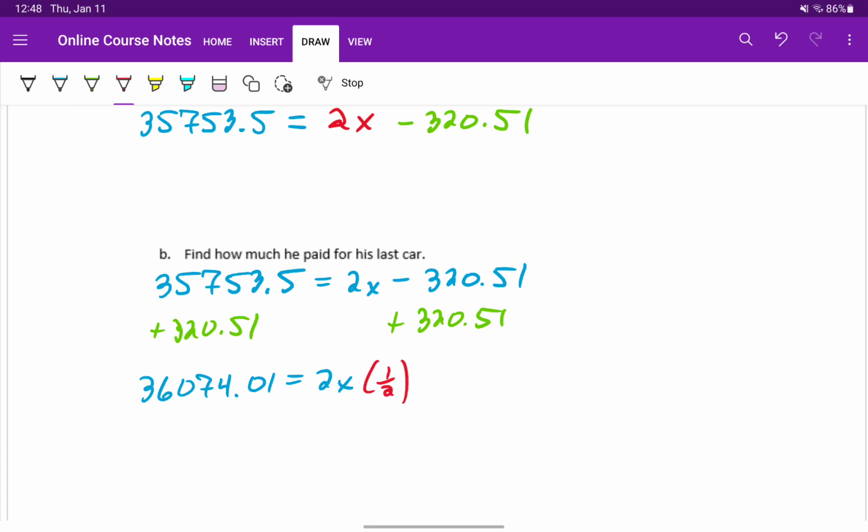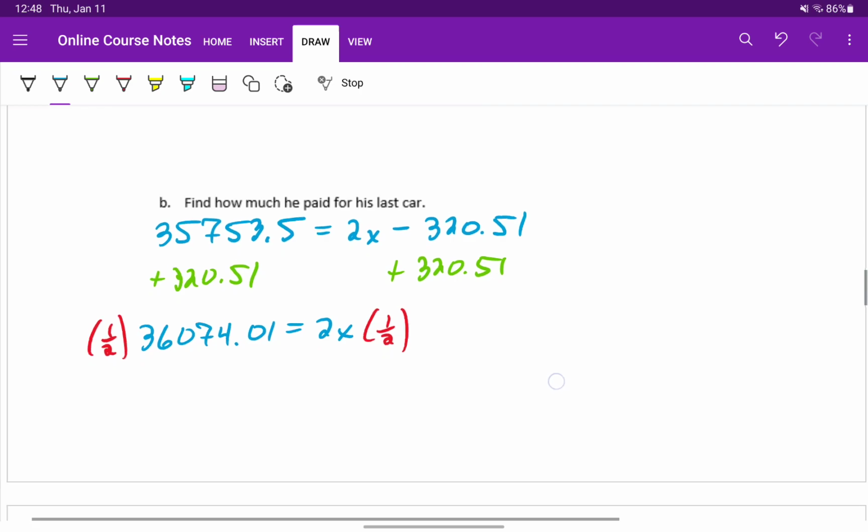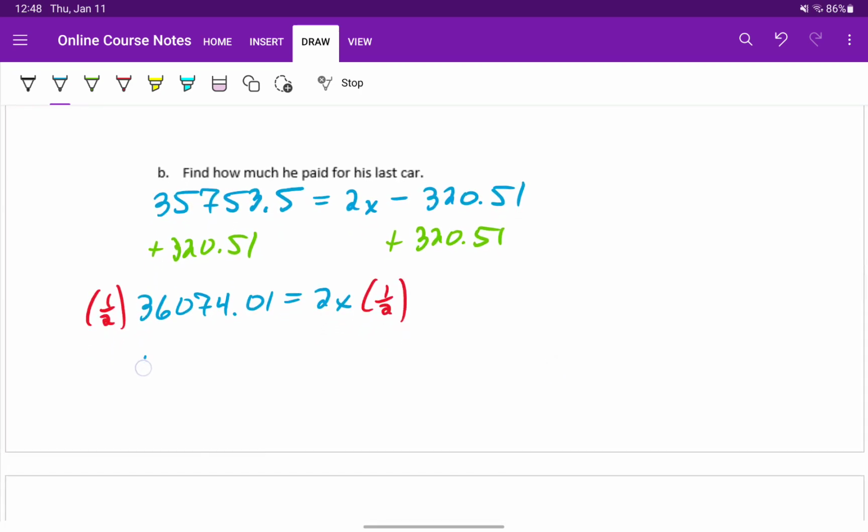Multiplying both sides by the reciprocal of that coefficient means we'll multiply both sides by 1/2, which will give us 18,037.005 is equal to x.